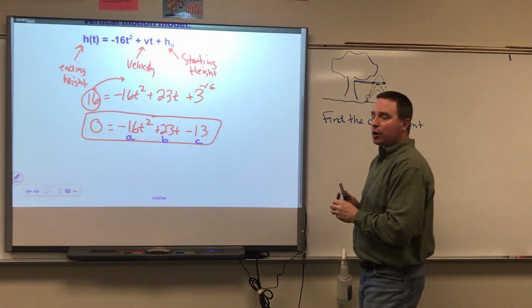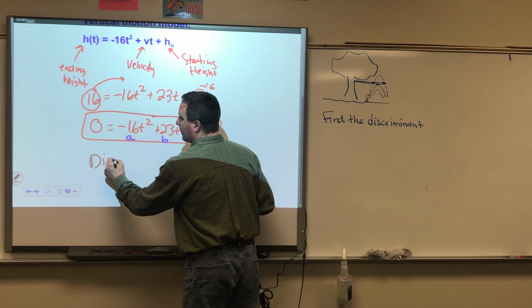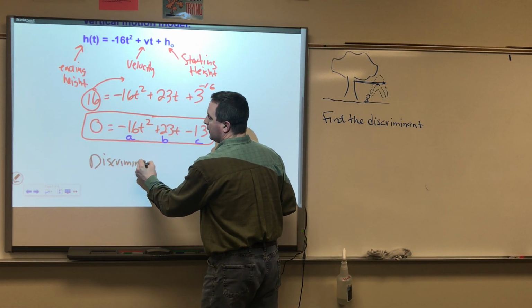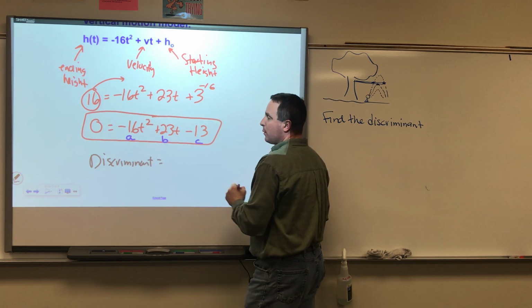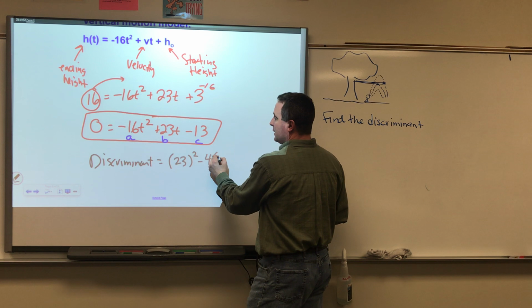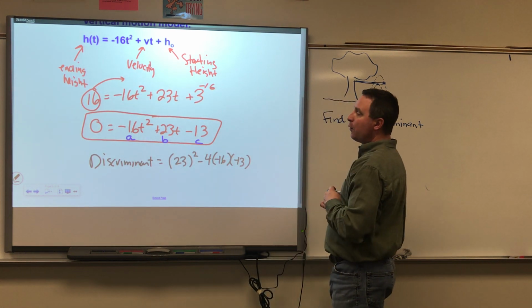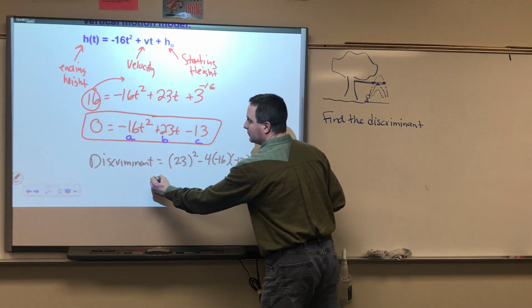And if I do my formula for the discriminant, it's going to be equal to b squared minus 4 times a times c, so 23 squared minus 4 times negative 16 times negative 13.